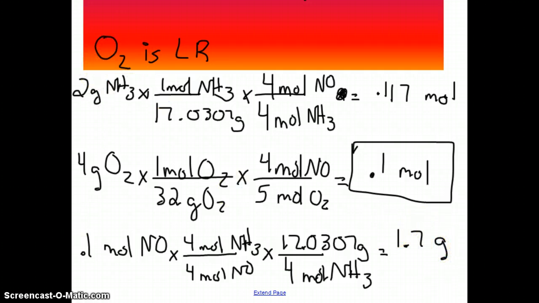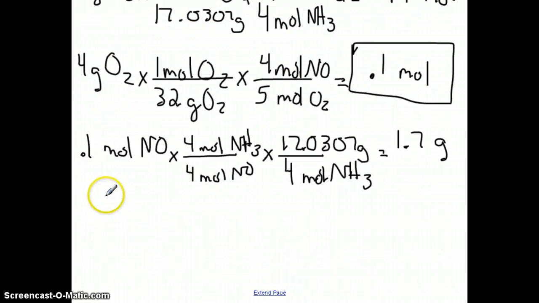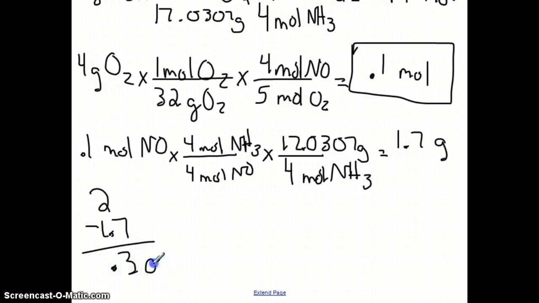Well, we know we started with 2 grams, so 2 minus the 1.7 that we actually used, and you get 0.3. So 0.3 grams of your NH3 is unreacted.